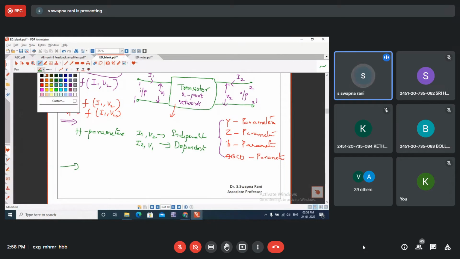Now I will write the equations of H parameters: V1 and I2 in terms of I1 and V2.